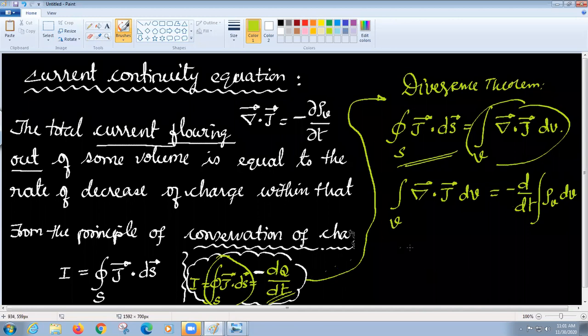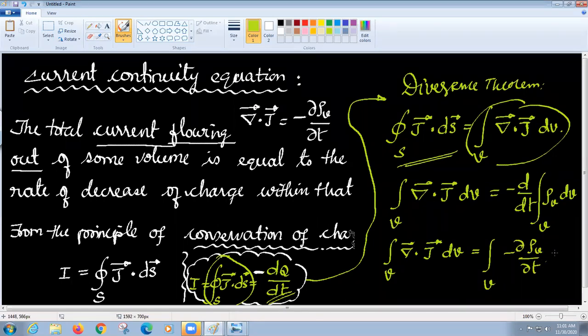If you keep the closed surface constant, I can bring this d by dt inside the integration, where it becomes a partial derivative. You need this permission to take a total derivative inside the integrand, because I must maintain my surface constant. So with dV on both sides, divergence of J must be equal to minus dou rho v by dou t.